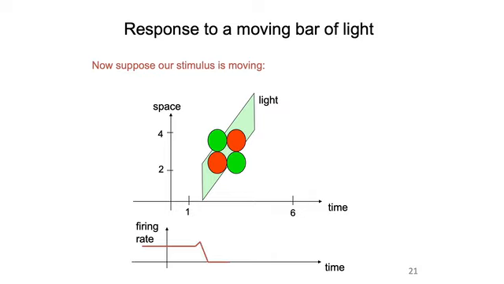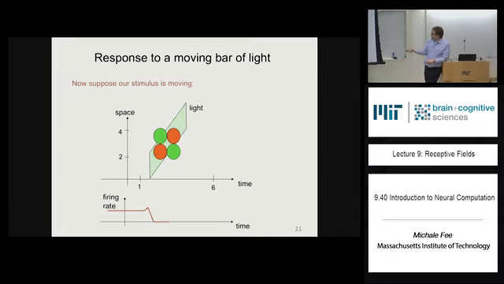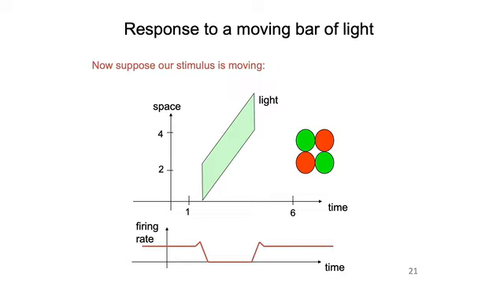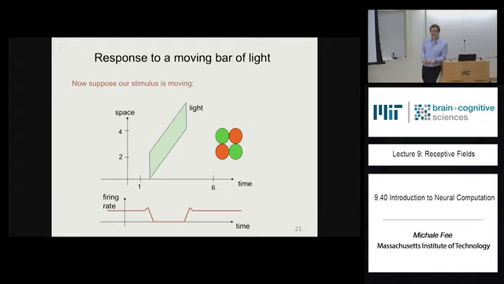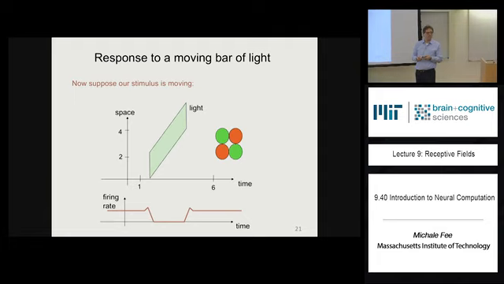And what happens is it goes down, and once the firing rate hits 0, it can't go any more negative, right? So the firing rate is just going to sit at 0 until this stimulus moves out of the temporal receptive field of this neuron. And then what? It's going to go back up to the spontaneous rate. Okay? All right, so what kind of stimulus will activate this neuron?